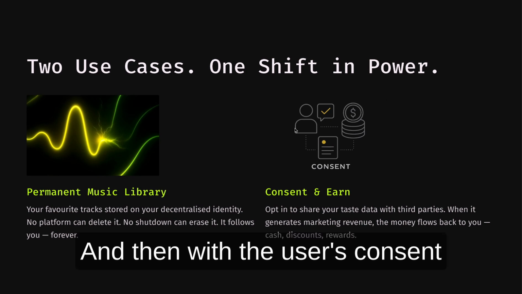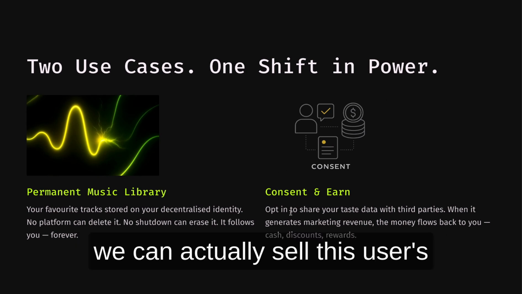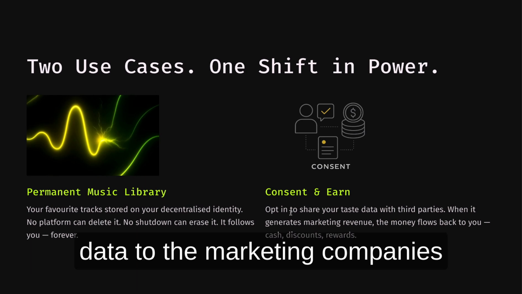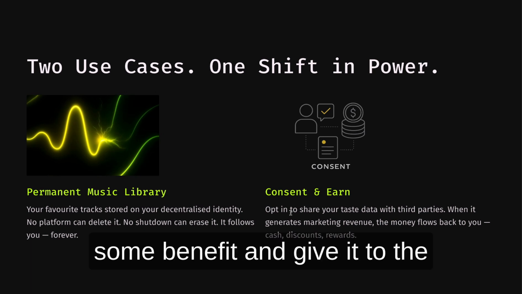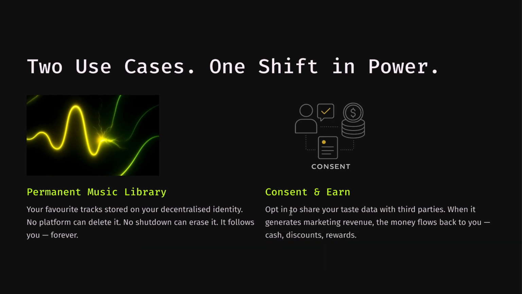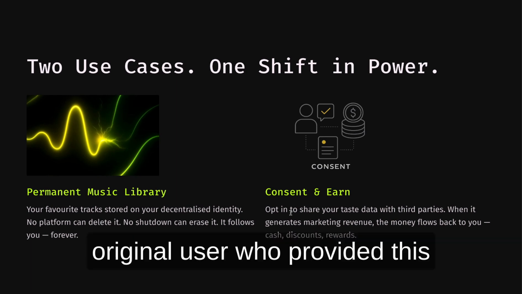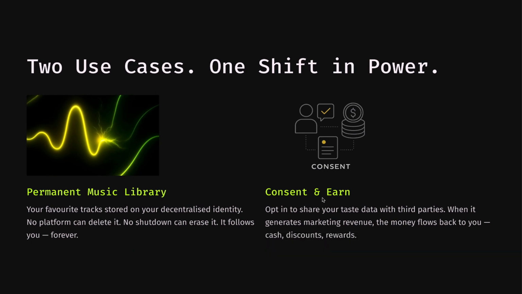And then with the user's consent, we can sell this user's data to the marketing companies, and whenever they make a benefit, we can retrieve some of it and give it to the original user who provided the personal data.